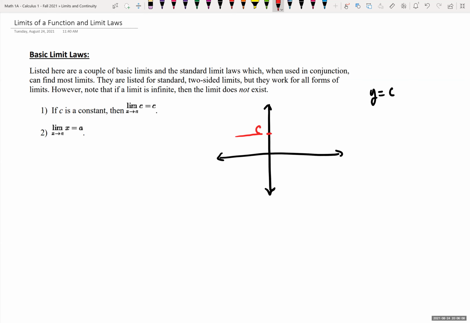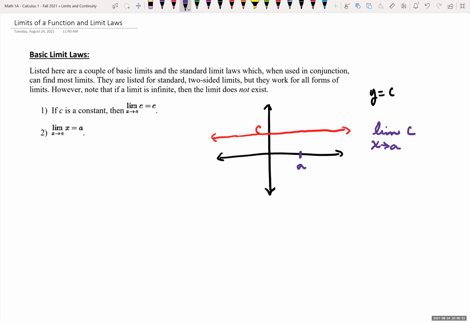And we graphed it, y is equal to c. So this is just a horizontal line here. So if I'm looking at the limit as x is approaching a of the value c, well, let's just say arbitrarily, a is over here.